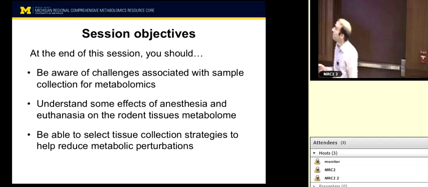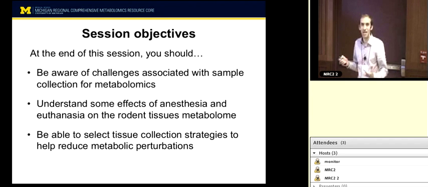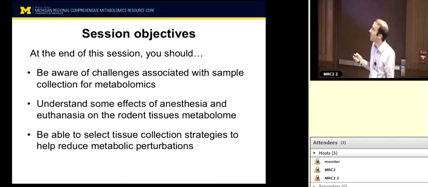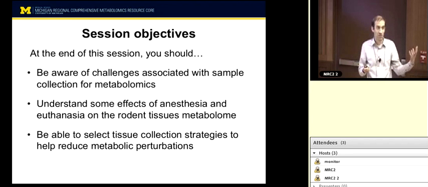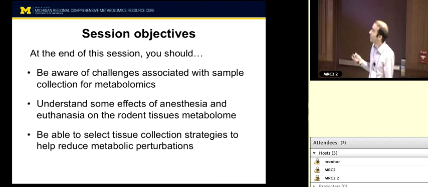Okay, so sample preparation. Why are we spending so much time on this today? You'll be sick of it by the time you're done. Well, again, as Maureen was telling you, substantial time will be spent designing and performing your experiment, both on your end and on the core lab's end, analyzing the samples and interpreting the data. But the results could be anywhere from very meaningful to entirely meaningless if the samples are collected in a way that doesn't reflect the biological conditions you want to study.